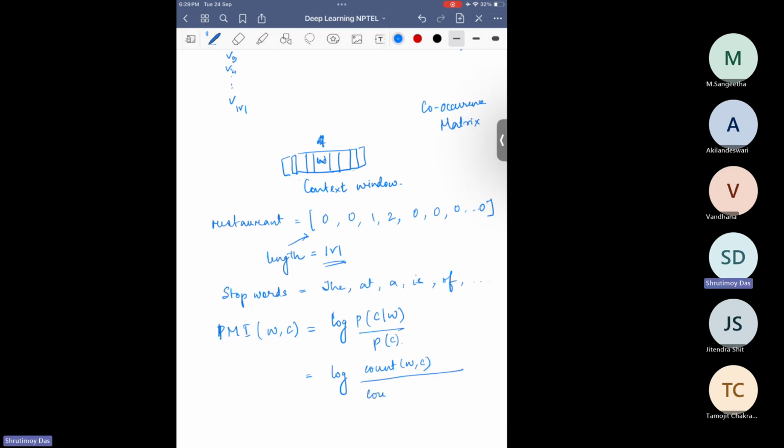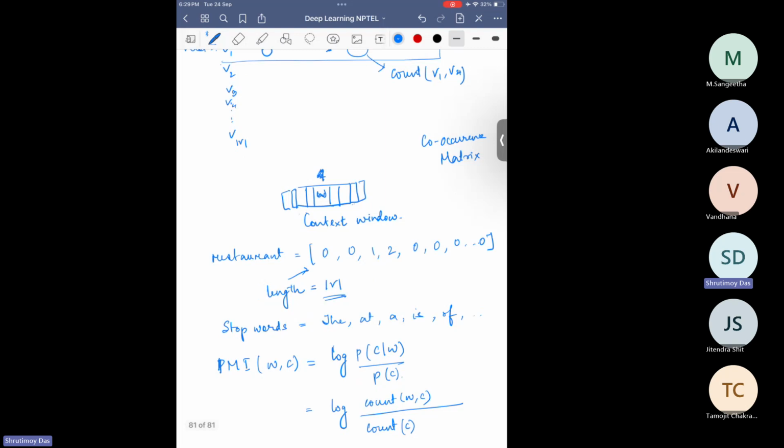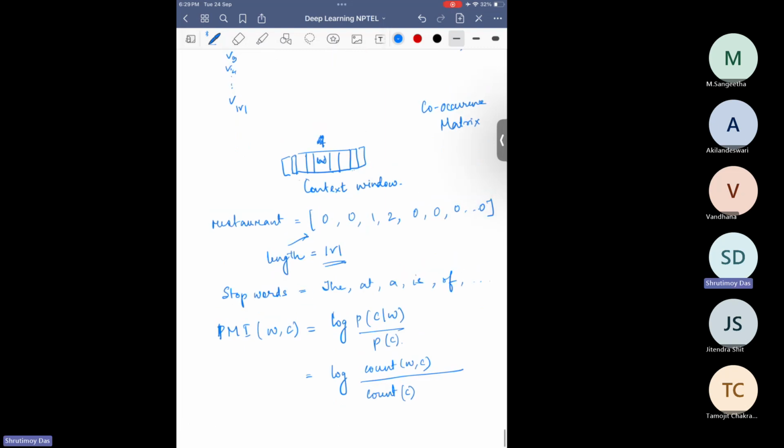Then you have count of C, which says how many times C occurs, and count of W, times N.